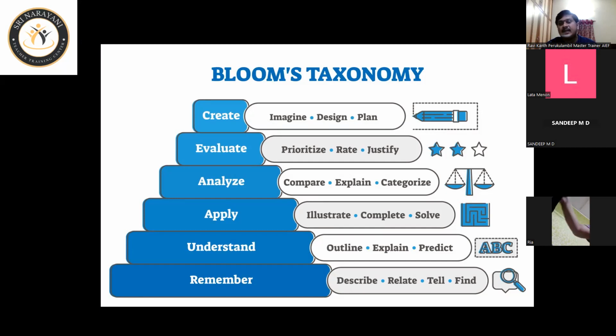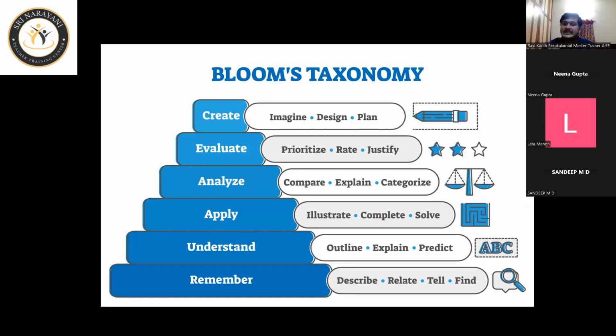They have clearly said that school is not just a place to give academic knowledge to the child, but it is a place wherein we give holistic understanding about life experiences, so that the child is ready for life after 12th grade. So from the remembering level itself, we have to make sure that the child is able to describe, relate, tell, and find the concepts in real life setup.